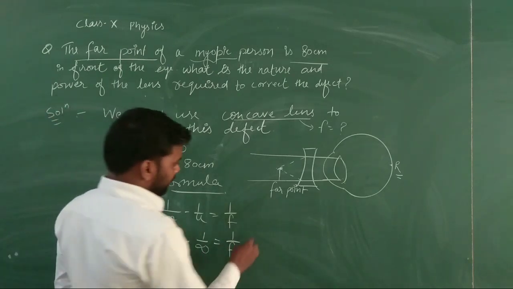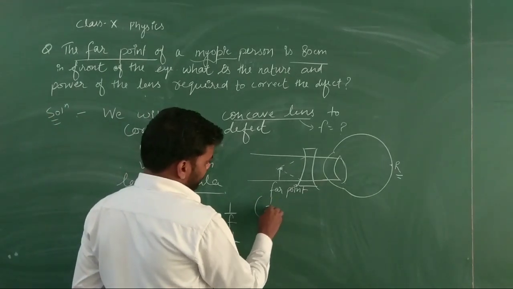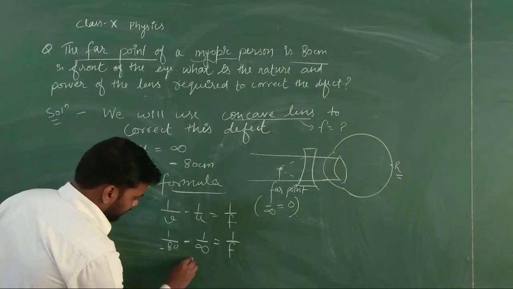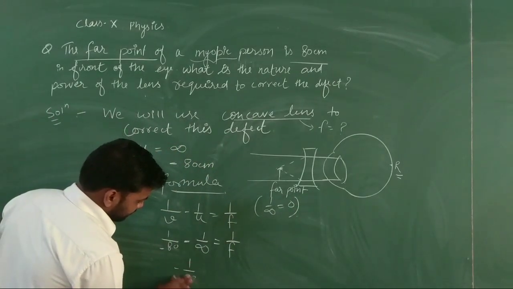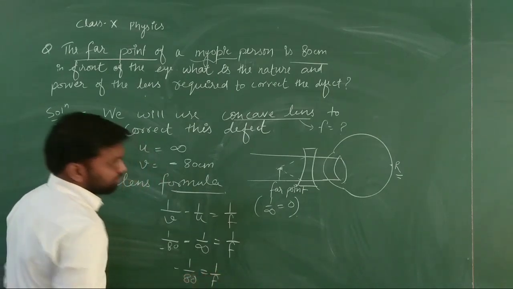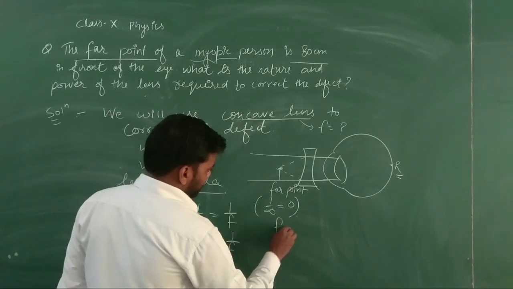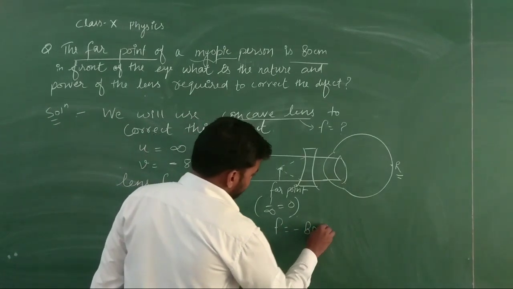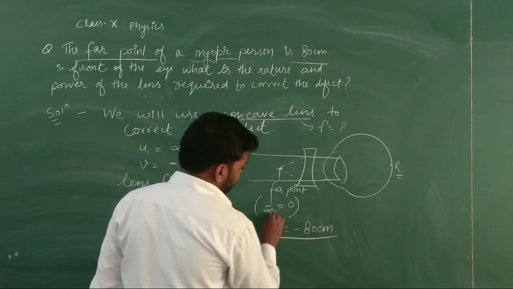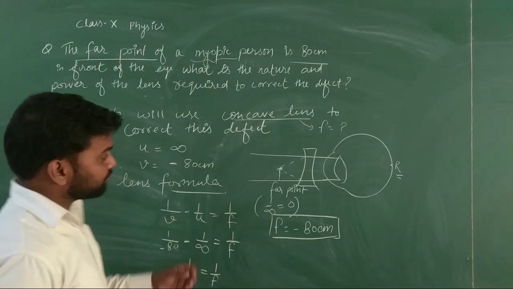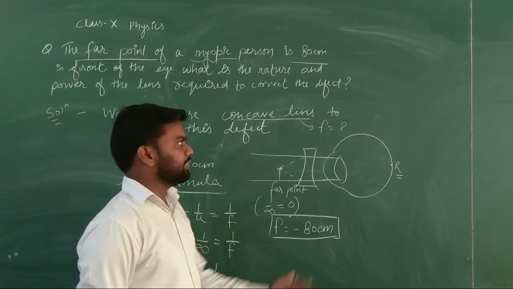We know that 1 upon infinity is equal to 0. So we can write 1 upon minus 80 equal to 1 upon f, and the focal length will be equal to minus 80 centimeter. So the focal length of this concave lens will be minus 80 centimeter.